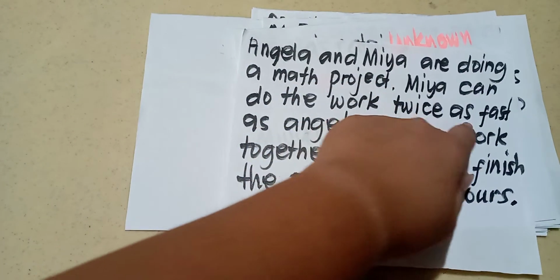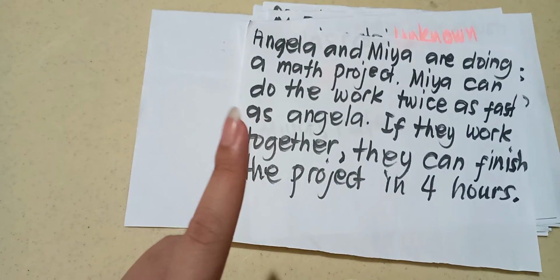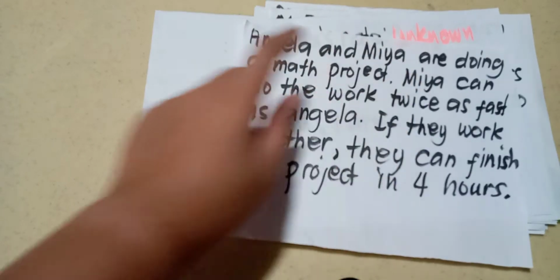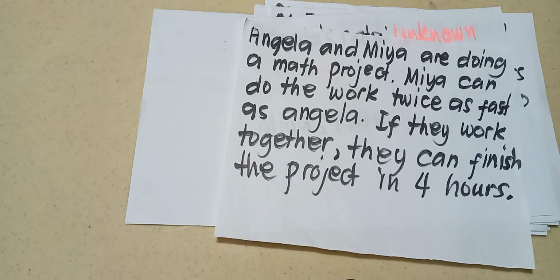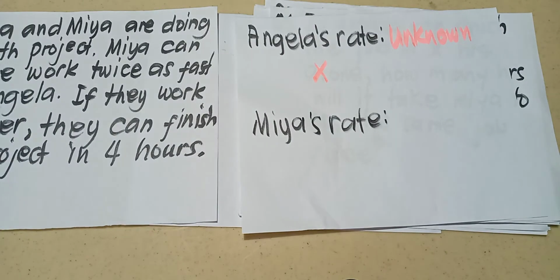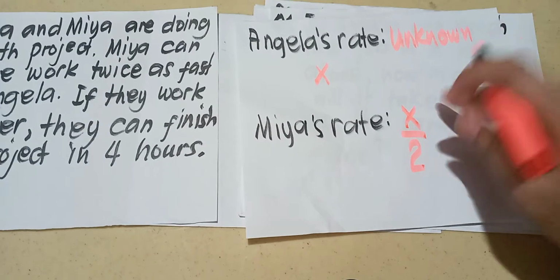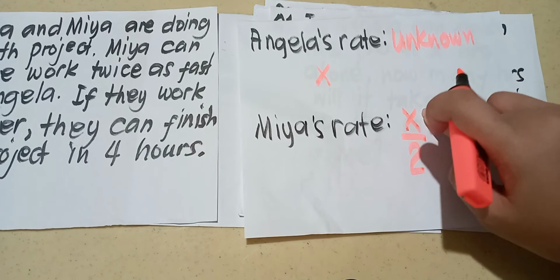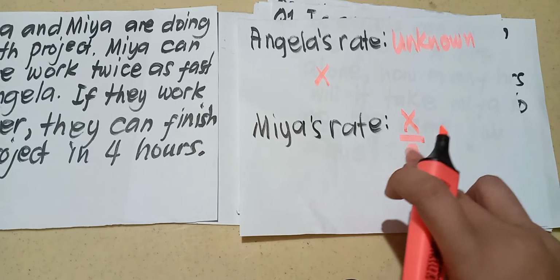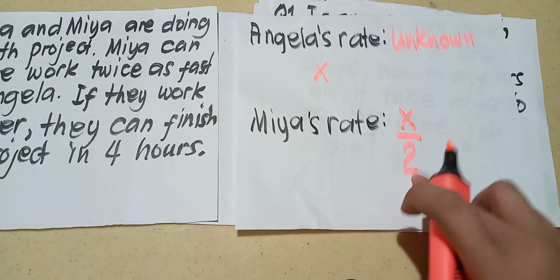Kapag 1 hour yung time ni Angela, matatrabaho ni Mia yon half ng time ni Angela, which is 30 minutes. Paano makuha yon? We have x divided by 2. Kasi twice as fast, mas mabilis siya, times 2 yung bilis niya. So, that is why we divide it by 2.